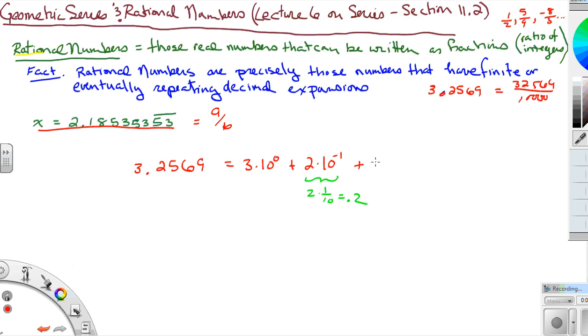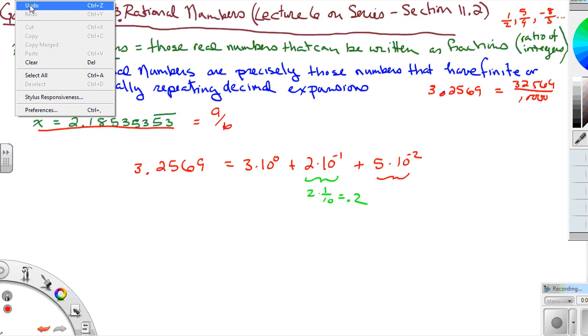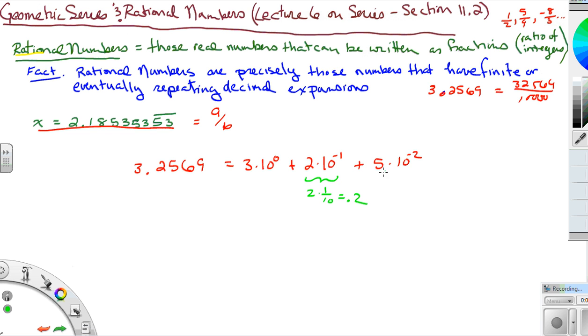So this is 5 times 10 to the -2, which is 5 times 1/100th, which equals 0.05. And we've got a couple more. This is plus 6 times 10 to the -3rd plus 9 times 10 to the -4th.